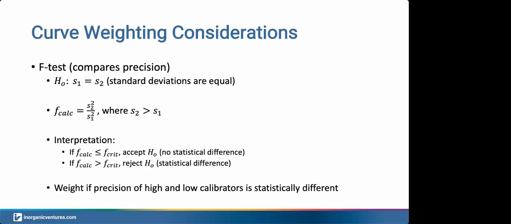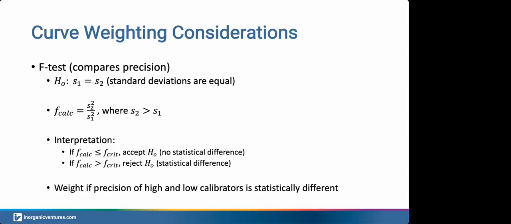So, to recap, if the F-test shows that the error is statistically different throughout the curve, a weighted approach is appropriate. Most statistical packages can weight curves, or equations can be found in the literature if this is an approach you wish to take. Caution should be taken with weighting calibration curves to lower error.